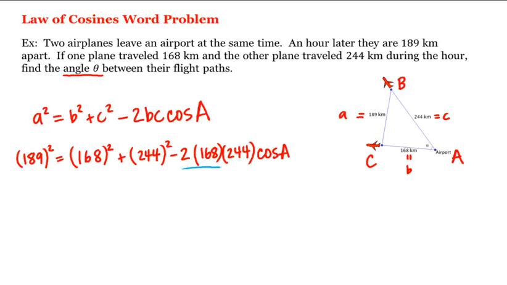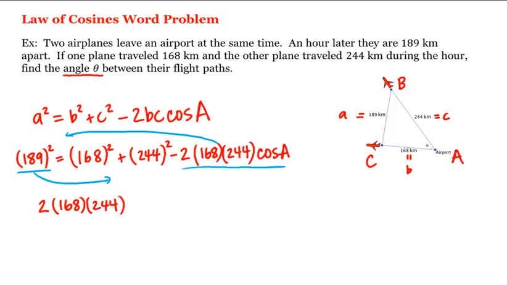And now let's bring this entire product here to the left-hand side and bring this to the right-hand side, which gives us 2 times 168 times 244 times cosine of A is equal to 168 squared plus 244 squared minus 189 squared.